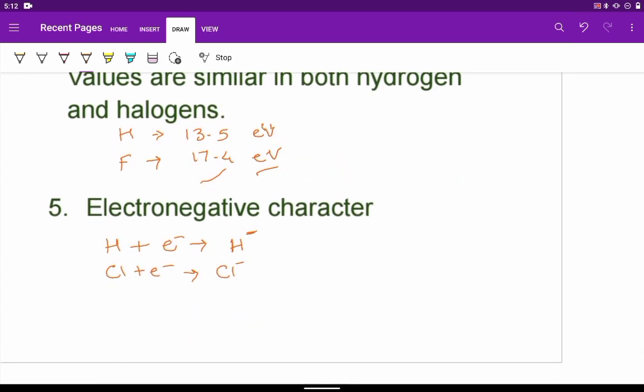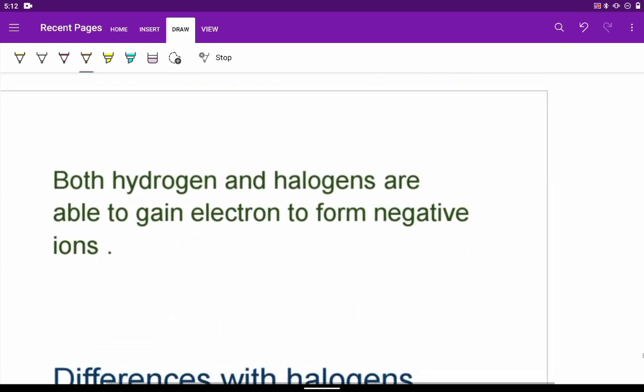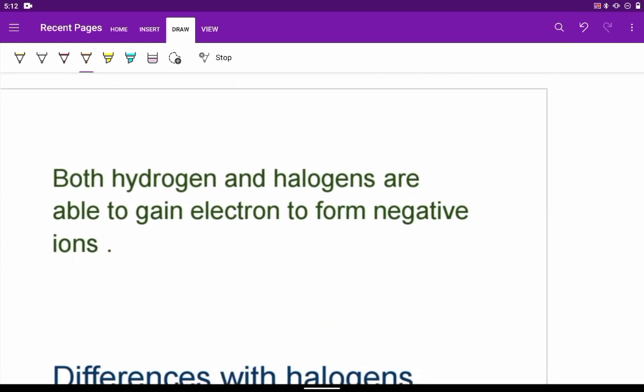Both exhibit electronegative character. As we have seen, hydrogen and fluorine is a halogen. Both can accept electrons easily to form anions. Hydrogen forms H-, Cl forms Cl-. So both are able to gain the electron to form negative ions.